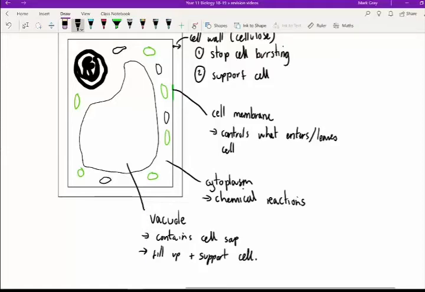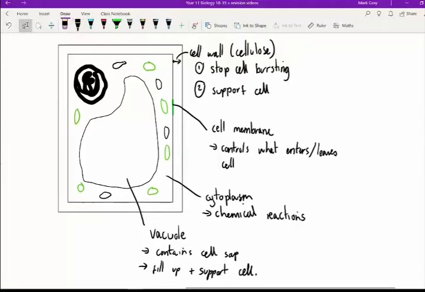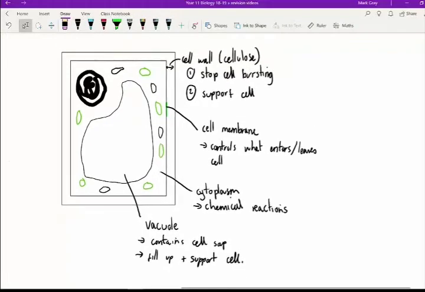So for example, whenever you water your plants, the water can make its way into the vacuole. The vacuole swells up and offers support to this cell. Okay, and it does that because it's filled up with cell sap. Now, it's only plant cells that have those.